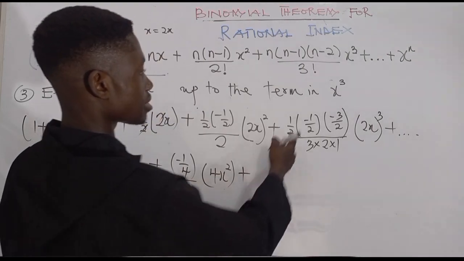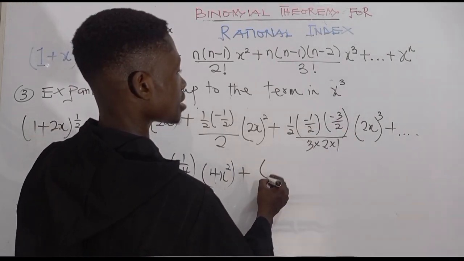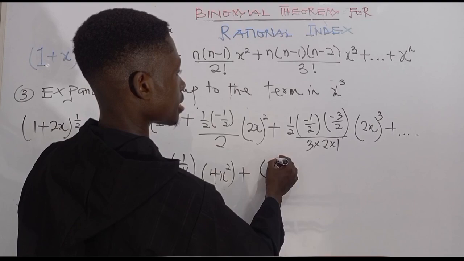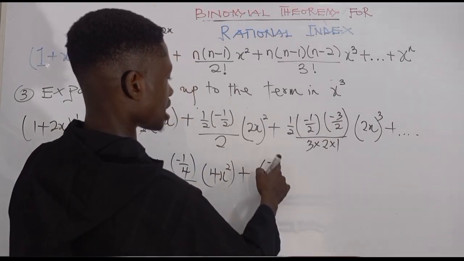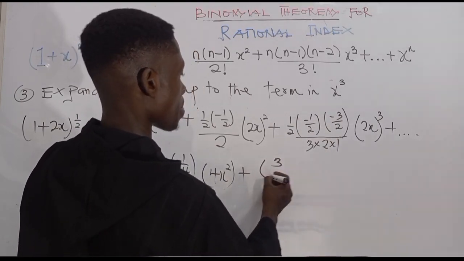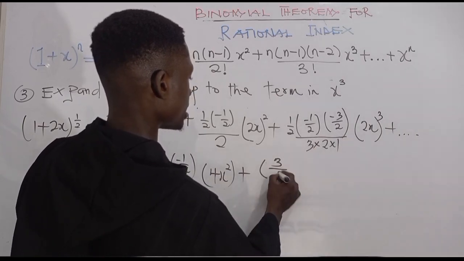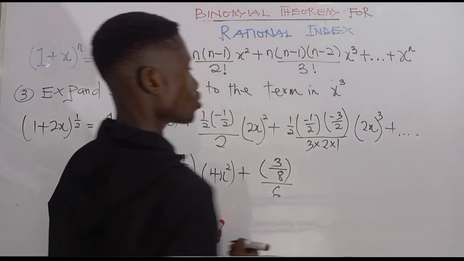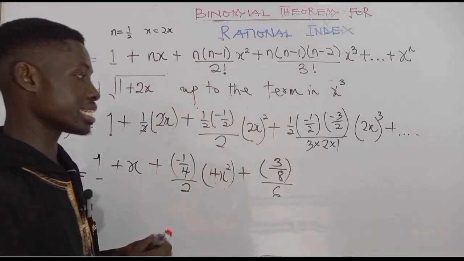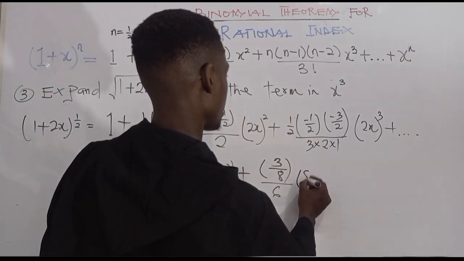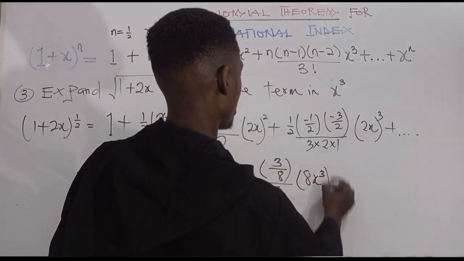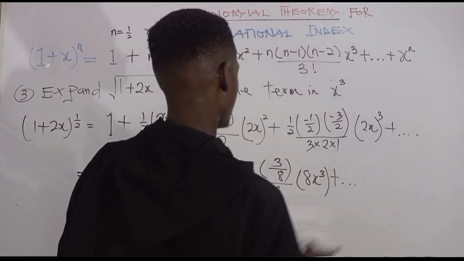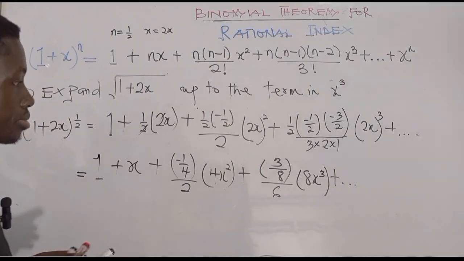We also have the whole of that will give us minus, this will give us positive, so positive 3 all over what? 8. And this is over 6. So when you expand 2x raised to the power 3, we are going to get 8x raised to the power 3.